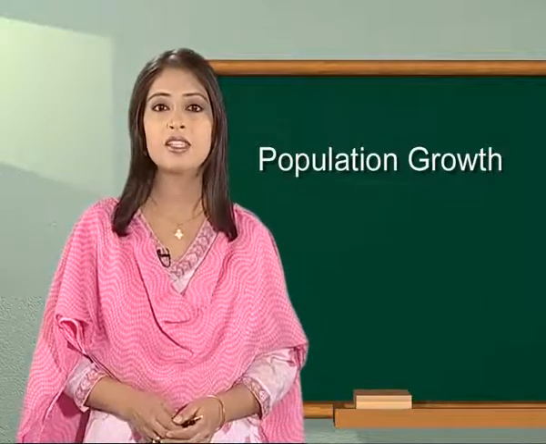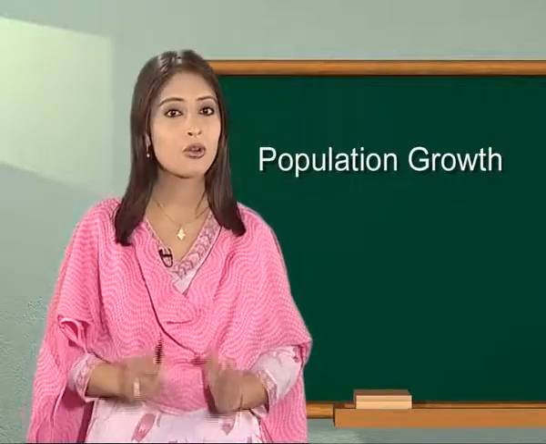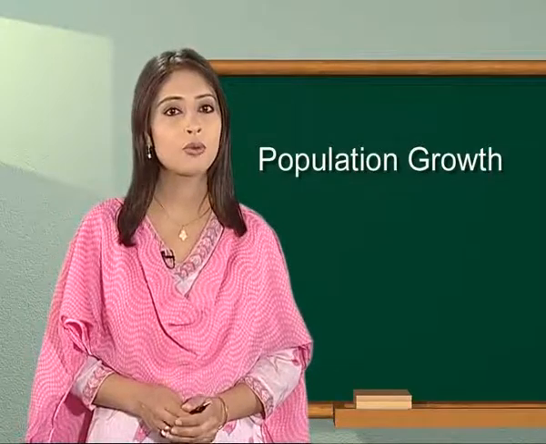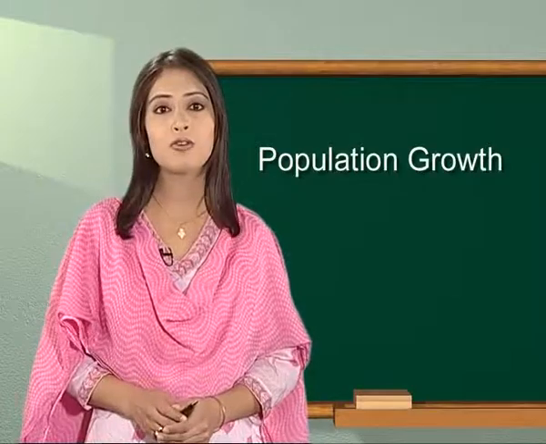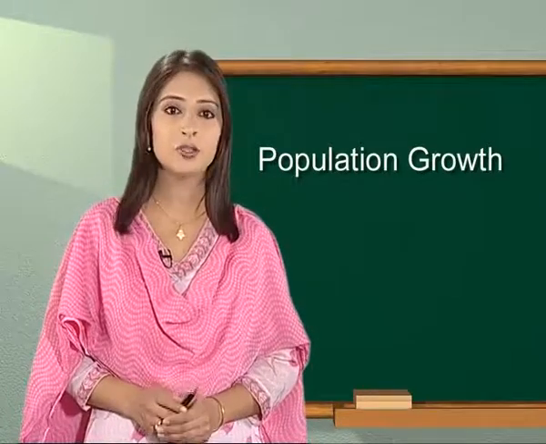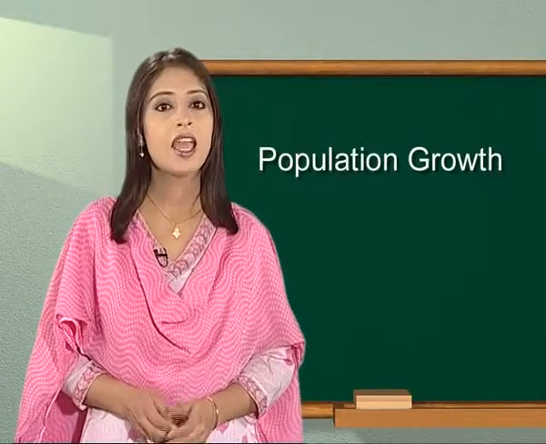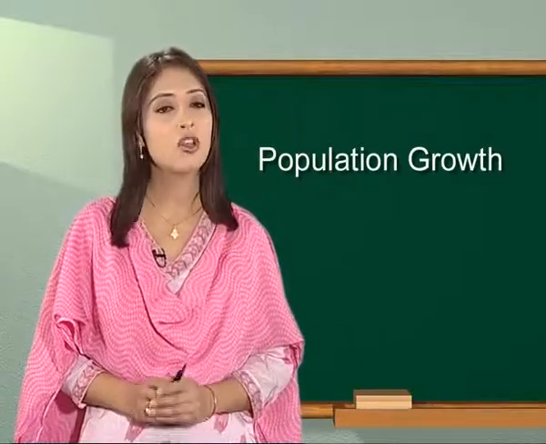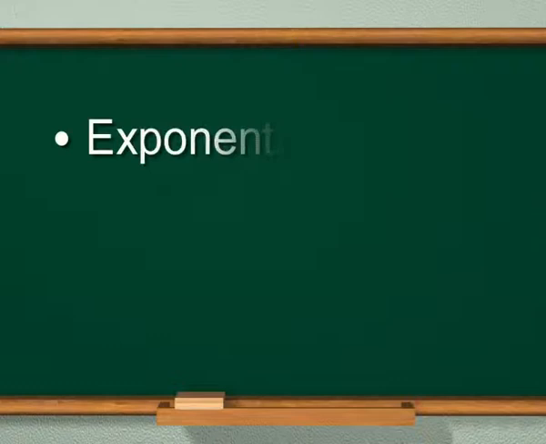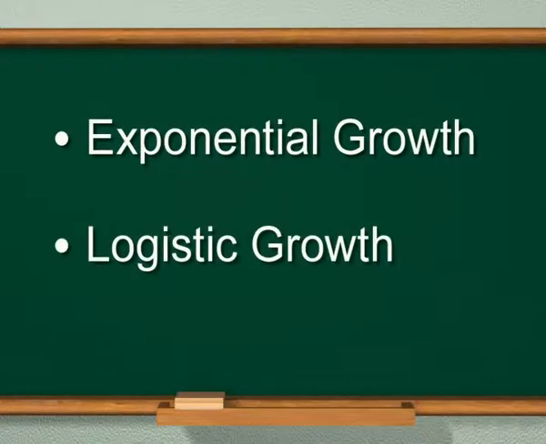There are certain models by which the growth of a population along with time can be depicted. Two types of growth models are usually used as far as population growth is concerned: exponential and logistic. So let us start with the exponential growth.